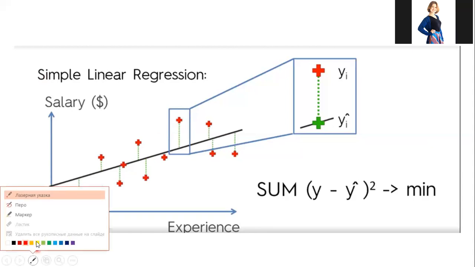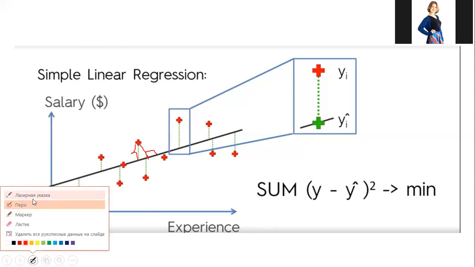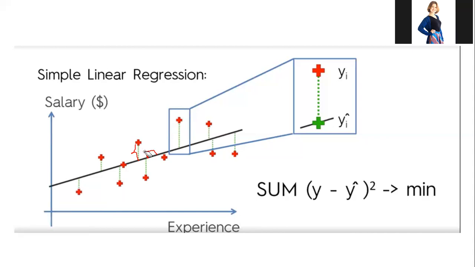So it's not a distance, because to find a distance we would need to calculate the distance to the line using a perpendicular vector. But in the case of a residual, the error of prediction, it will be this vertical line, okay? Don't miss this, please.